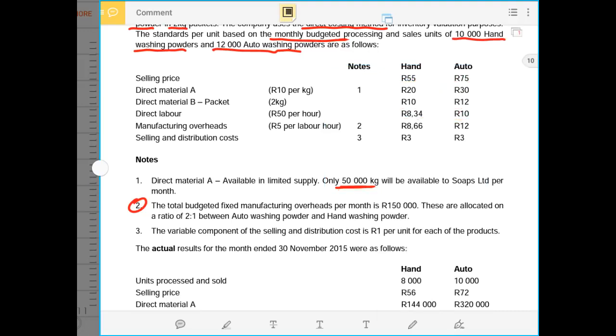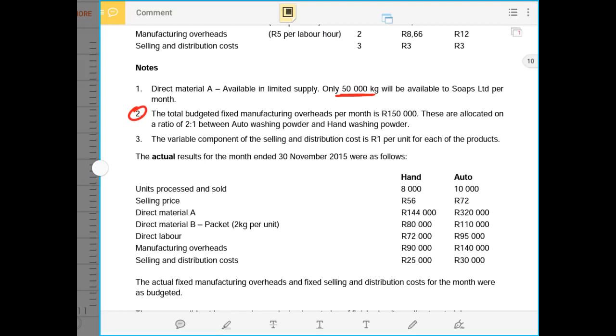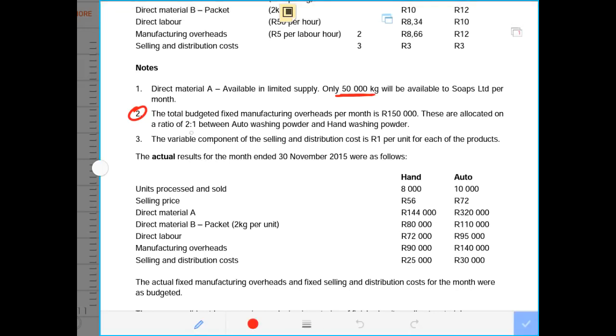Third requirement, let's go once again and see what else is required. Please, under number 2, don't forget that the fixed cost of 150,000 is split in a ratio of 2:1, but this is not yet important. And also note that our selling and distribution are split into 1 rand, which is variable, and 2 rand, which is fixed, because we have 3 rand here.